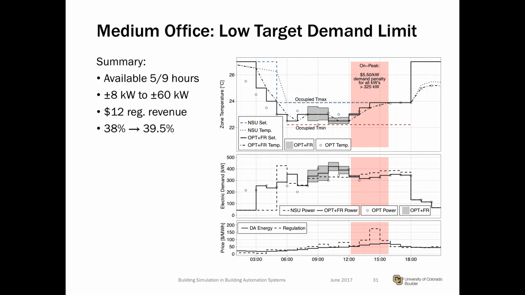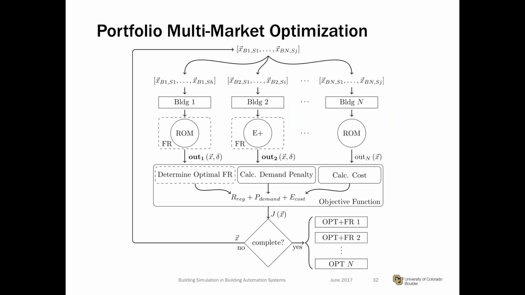So if we have a few buildings, and these buildings are supposed to participate in both energy and frequency regulation markets, we could actually optimize them as a portfolio. This portfolio view is shown here, where we have a number of buildings, the first two, in fact, where it's desired to include the estimation of frequency regulation potential by those dashed FR rectangles around it.